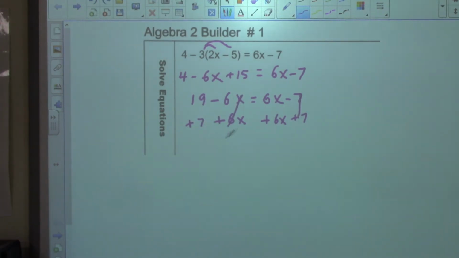So I get 6x plus 6x, which is 12x, is equal to 26. This is a technique that I like to use. I'm in the habit, when I'm solving for something, of putting that x over on the left side. Now you can keep it on the right side if you want to, Michelle. But that's just sort of what happens, I get into these habits or procedures that give me a more uniform look at the way to solve the problem. So that's the way I look at things.